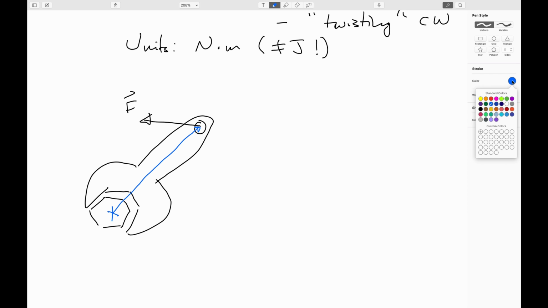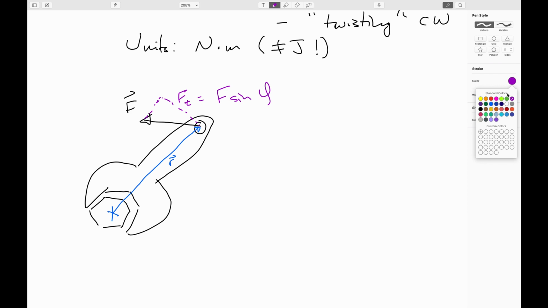And so if we work through the trig of it, and I'll leave it for you to do the geometry and the trig, you should be able to convince yourself that the tangential component of the force here, that part of the force that is tangent to the circle, turns out to be equal to F sine phi.